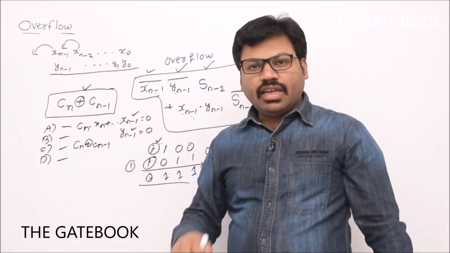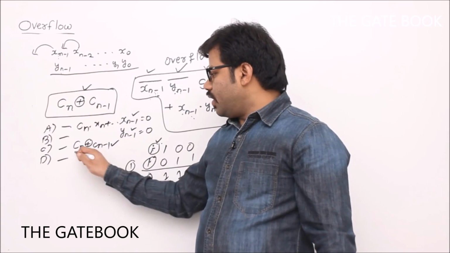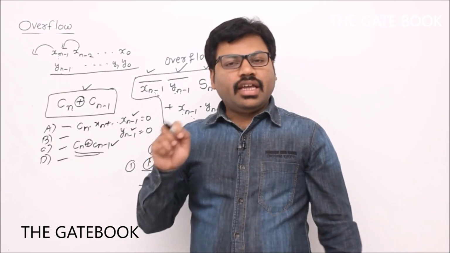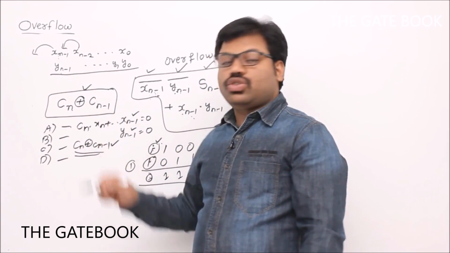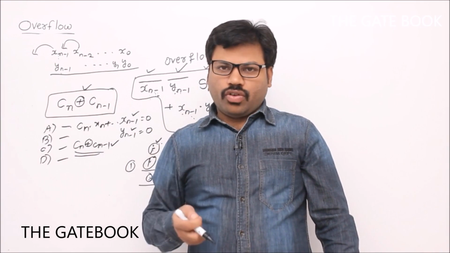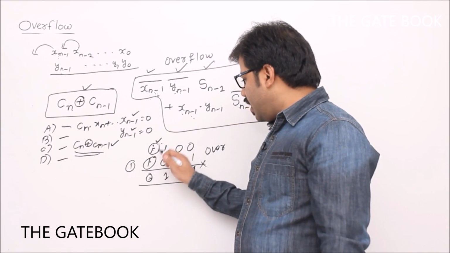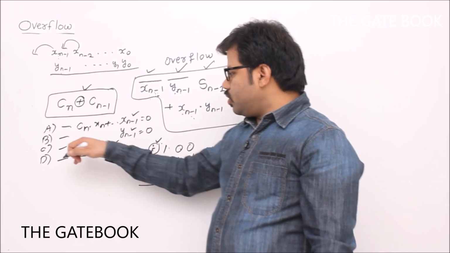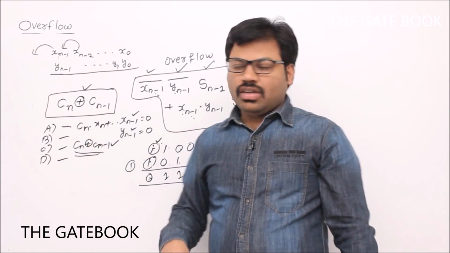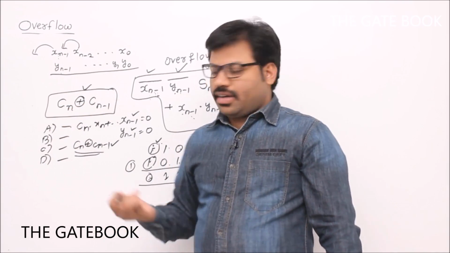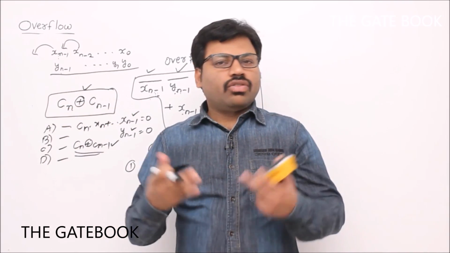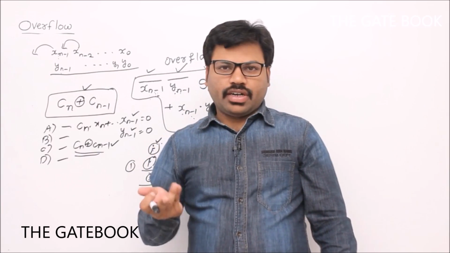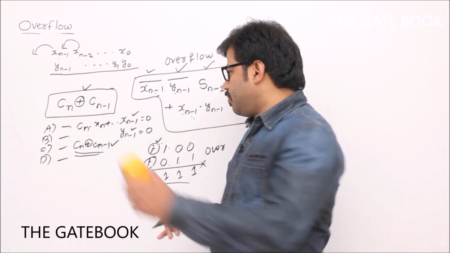If it is really an overflow condition, then that overflow equation should become 1 whenever there is an overflow. Substitute random examples, like some 4-bit numbers, and work out what Cn and Cn minus 1 are, and the other variable values, in all the options. Whichever gives you 1, that is the overflow condition. Don't worry, I will explain with one example.